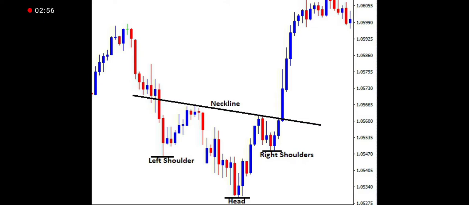The market created the right shoulder and broke the neck region. The neck region is already stated there, look at it there at the trend line. It broke the neck region, trying to tell you that this is an uptrend move, that you're about to go bullish in this market. Do you understand?